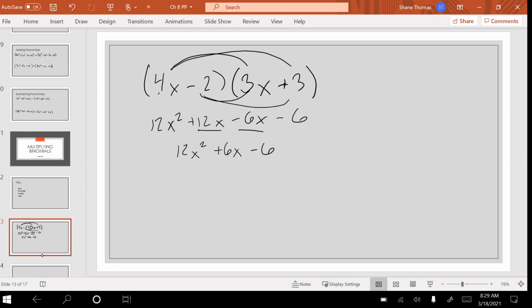Follow that one. Make sure it's in proper order. You can. You don't have to.